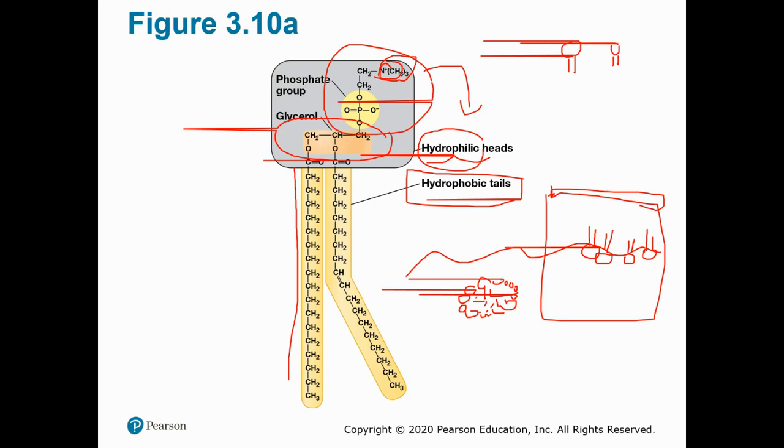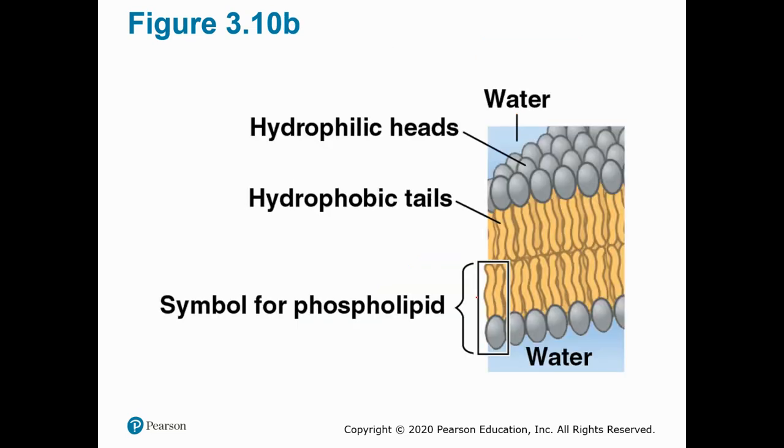And if you modify this structure a little bit, to make it a bilayer, where instead of having one layer with the little hydrophobic tails in the middle, you have two layers of hydrophobic things close together, and the hydrophilic things on the other sides.